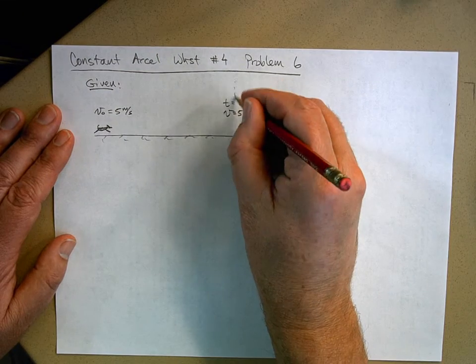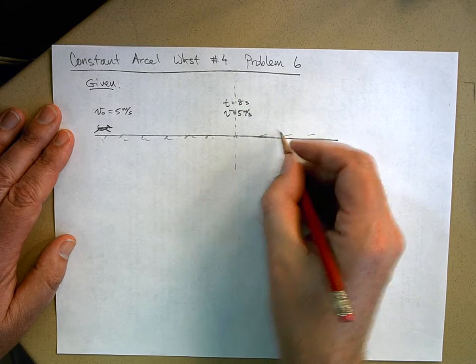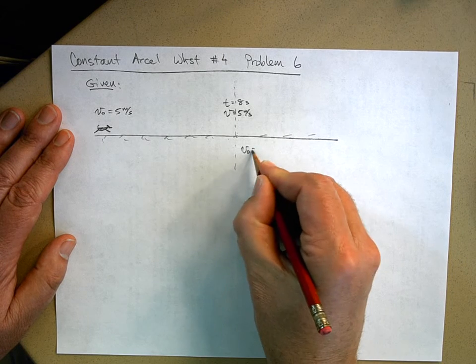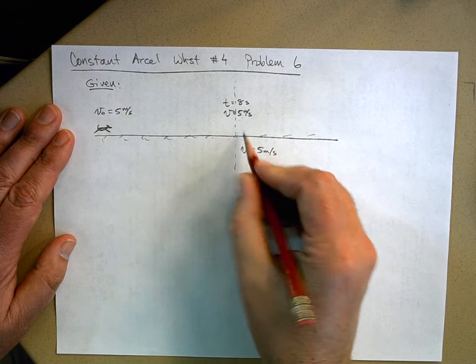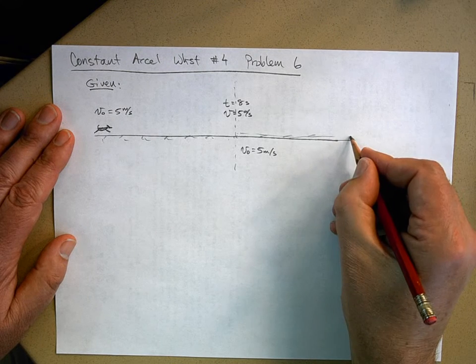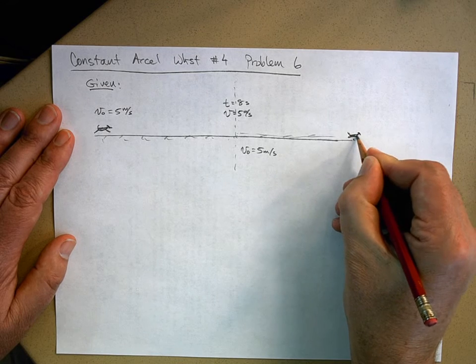Then we're going to start the problem over again, because then the dog increases its speed. It says an initial velocity of 5 meters per second. But run faster and faster until over here, here's the dog running.